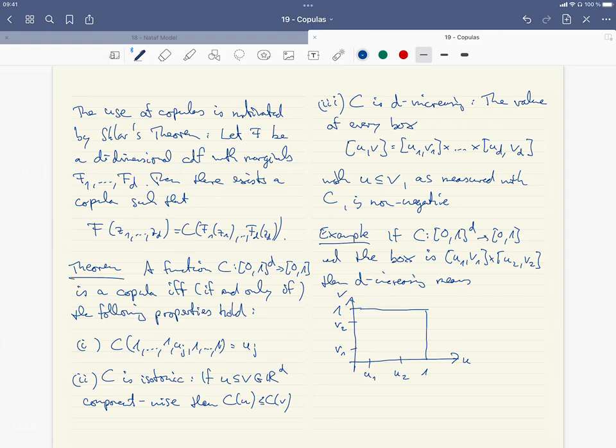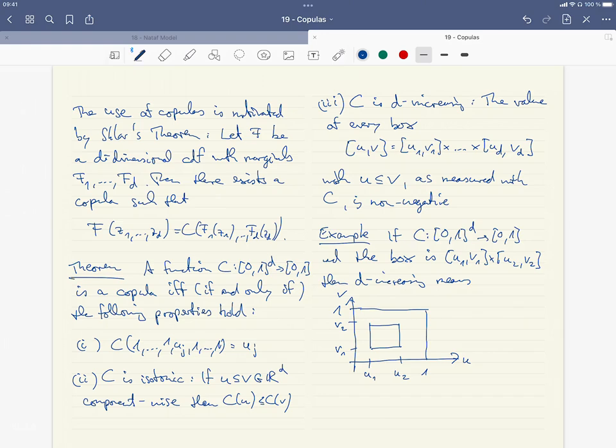They are increasing, and they define a rectangle like this. And now I would like to measure the rectangle by the measure that's given by the copula.